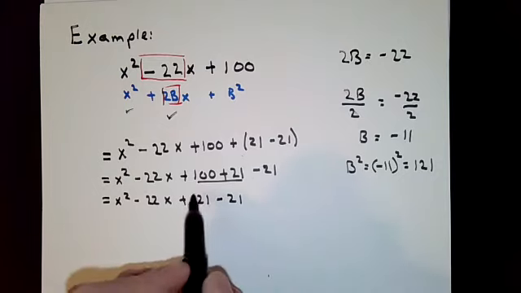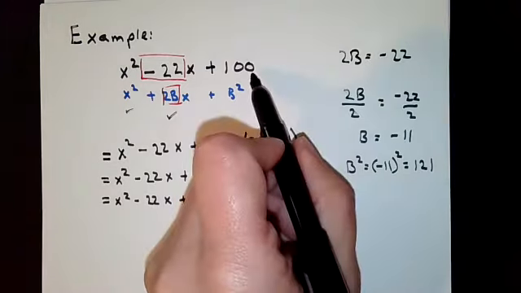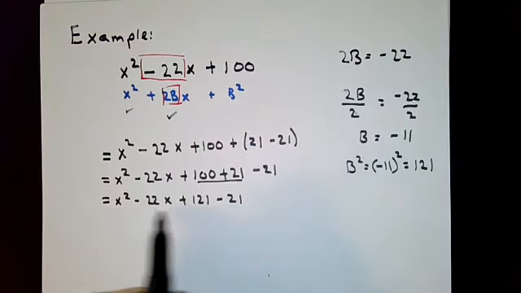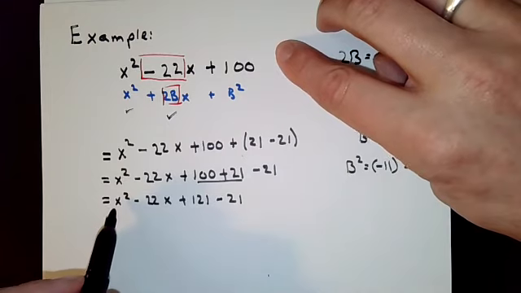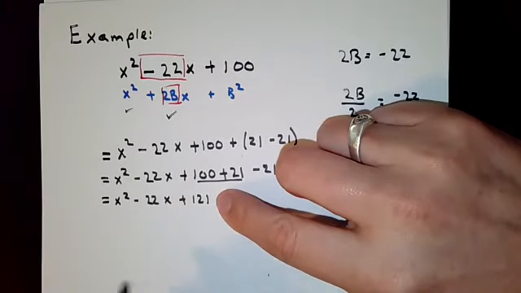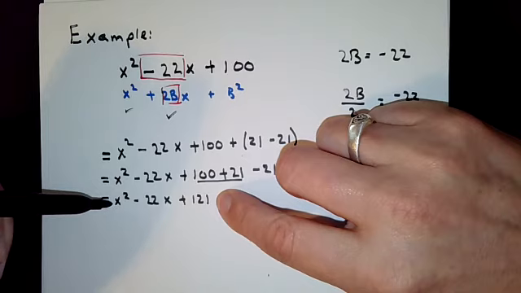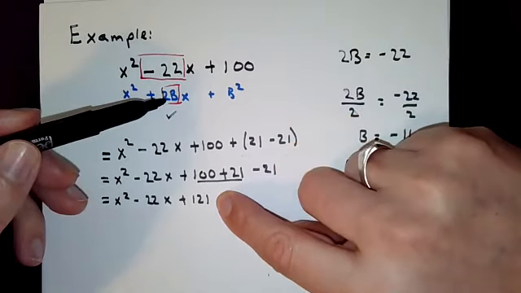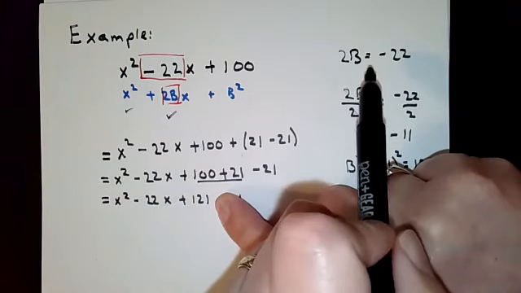Now notice if you take 121 minus 21, that's equal to 100, which is what we started with. So this still has the same value. It just looks different. But now, if we check just the first 3 terms, x squared, 2b times x, and this is 2b times x because that's how we defined 2b.